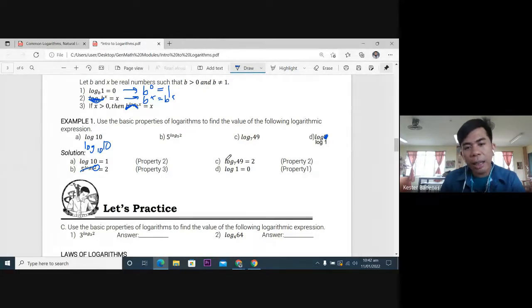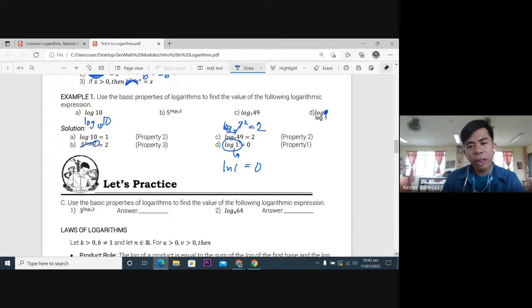Sa C naman, logarithm of 49 with the base 7. Ang 49 kasi, we all know is what? 7 squared. So, logarithm of 7 squared with the base 7 is equal to cancel. So, 2 na lang. And of course, logarithm of 1, 0 agad. Any number na dito, kahit ln of 1 pa yan, 0 pa rin ang answer.